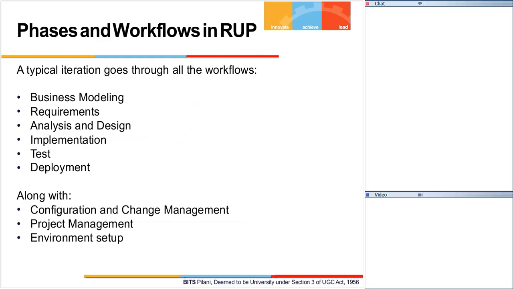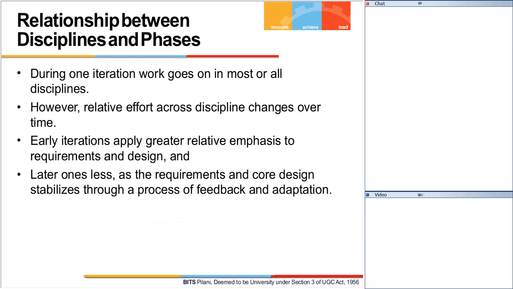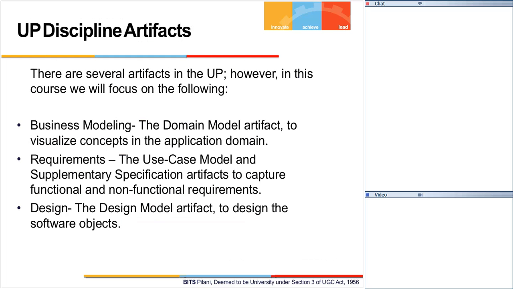So these are the typical workflow activities which are executed during the various phases of the Rational Unified Process, right? And here we discussed the relationship between the various disciplines, or we call them the workflow activities, and the phases of the Rational Unified Process, right?